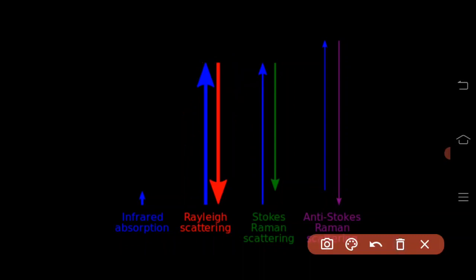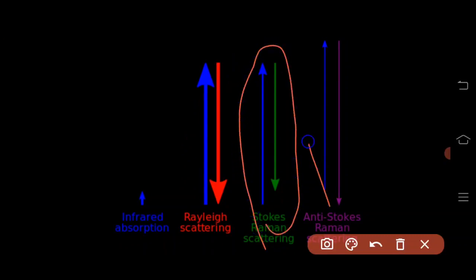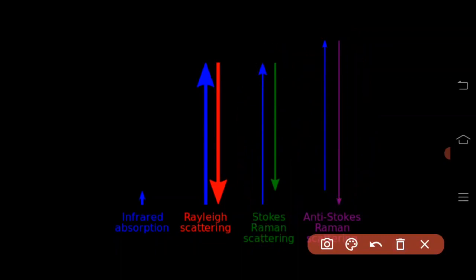The spectral lines which have frequency other than the incident ray frequency are called Raman lines. These two, other than the incident frequency, are known as Raman frequency or Raman lines.